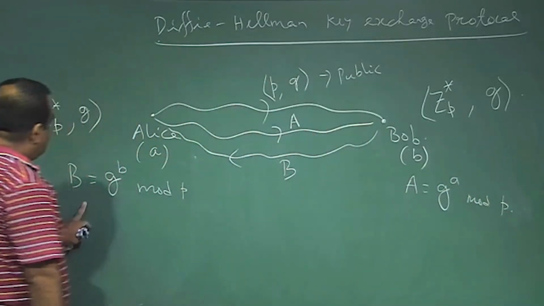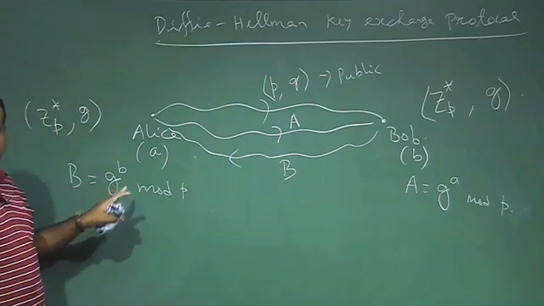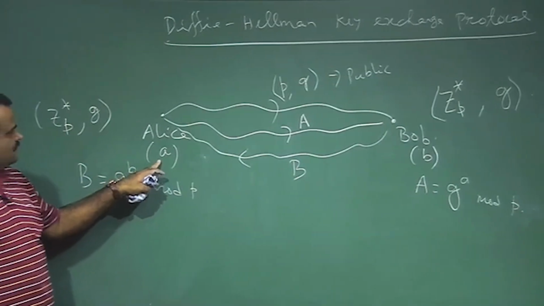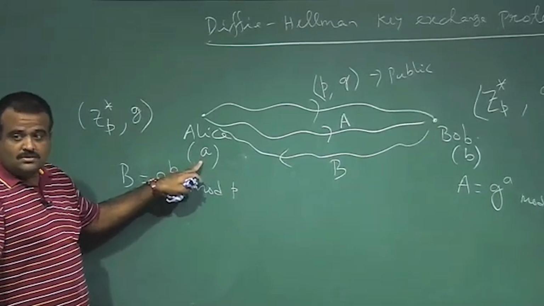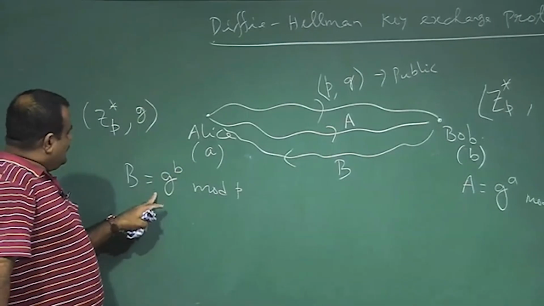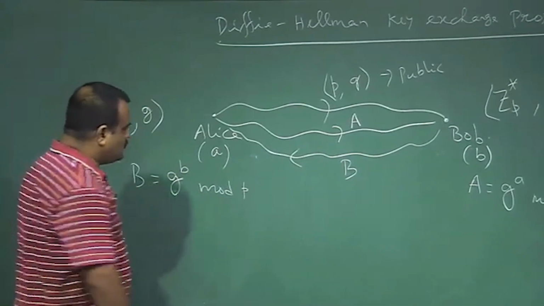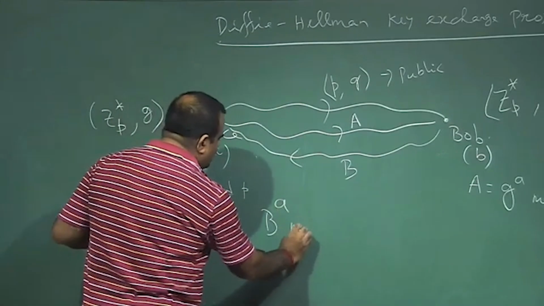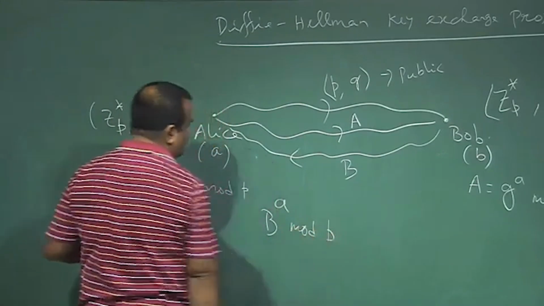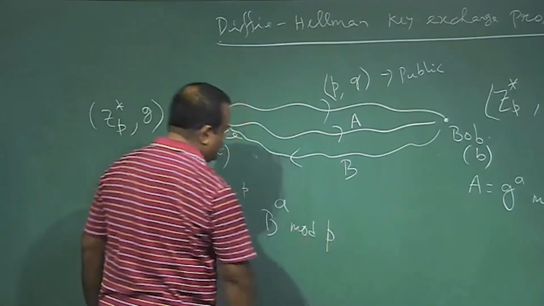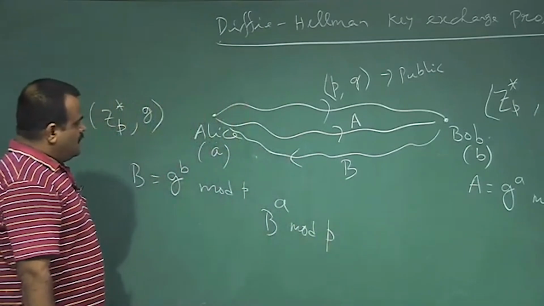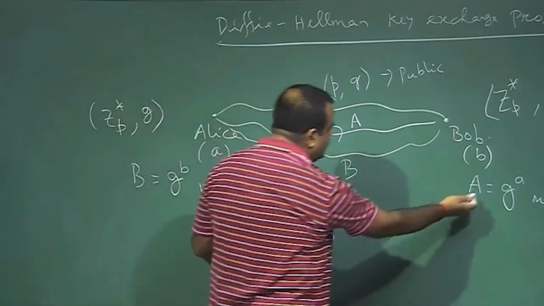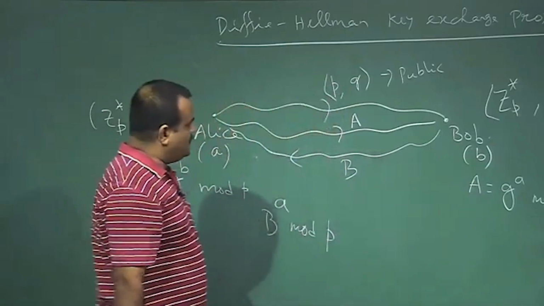Okay. So now what will Alice do? Alice has a, which is the secret Alice has chosen, and Alice is receiving B. So Alice will compute B to the power a mod P. Bob is getting A, and Bob has b as a secret.